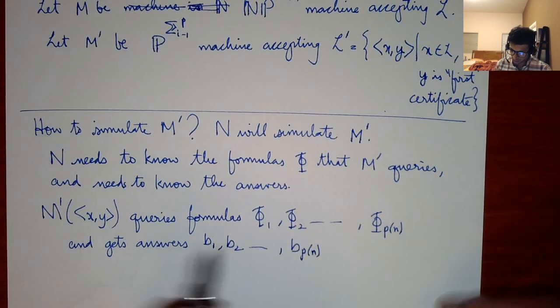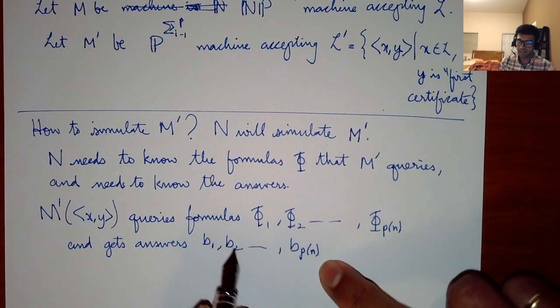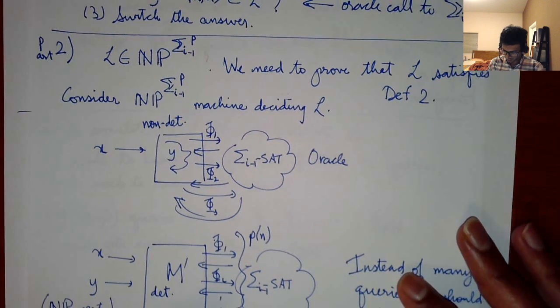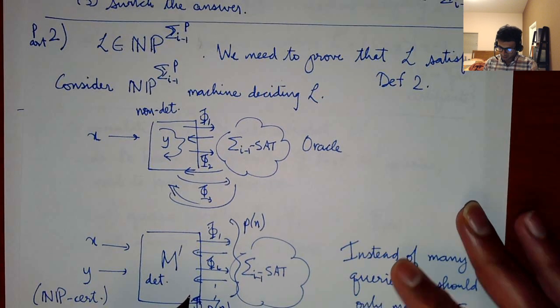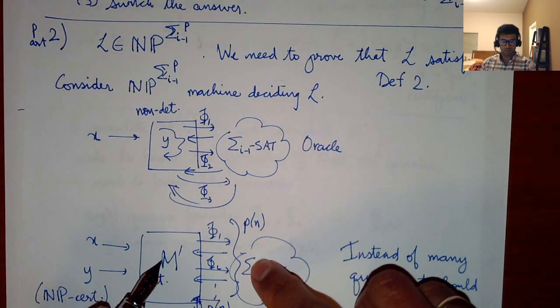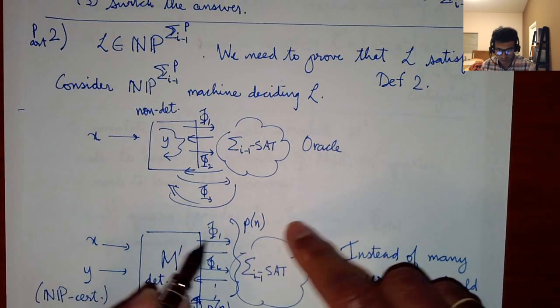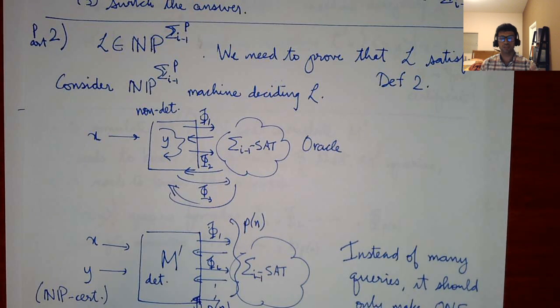Now, if N knows what these are, then N can just simulate M prime. Because N would in effect simulate the oracle. If it knew all the answers and knew what was being constructed, it can just simulate this entire M and then see what the output is. Does that make sense? Questions?